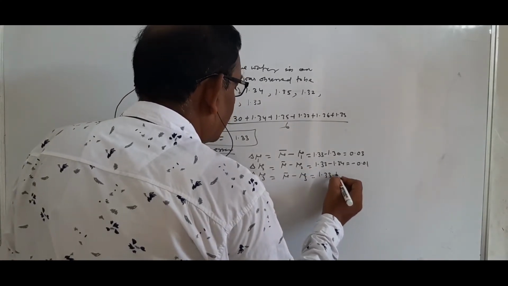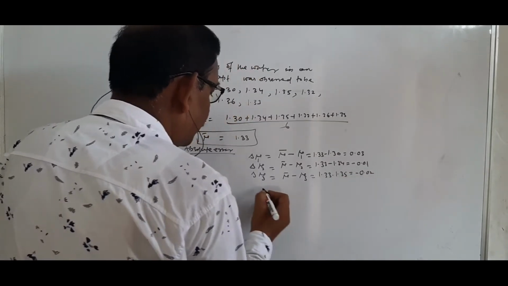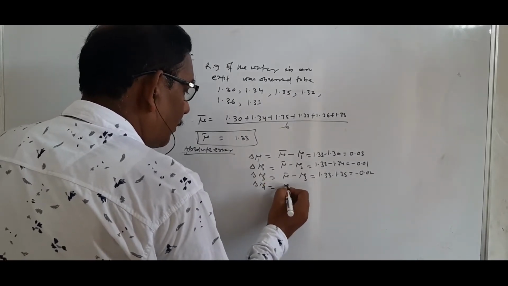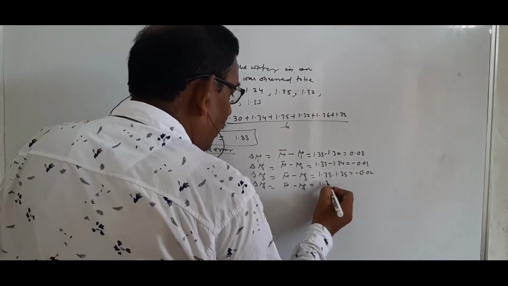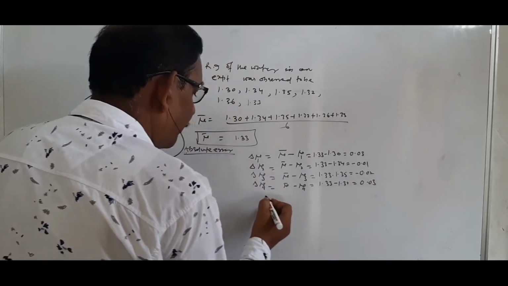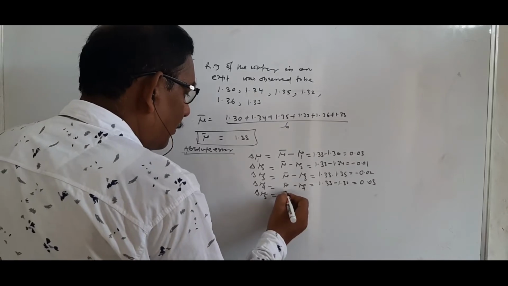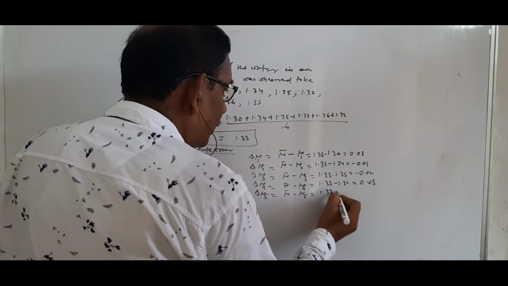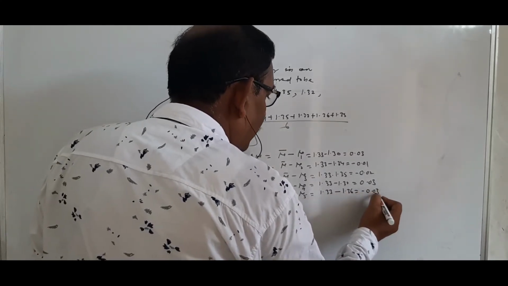1.33 minus 1.35, that is minus 0.02. Delta mu 4, mu bar minus mu 4, that is 1.33 minus 1.32, 0.01. Delta mu 5, mu bar minus mu 5, 1.33 minus 1.36, that is minus 0.03.